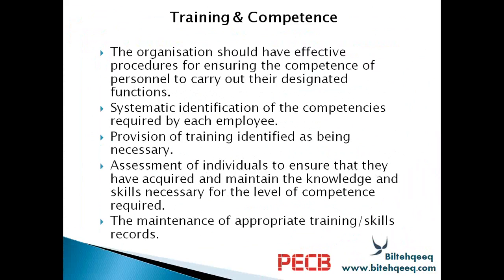So for occupational health and safety management system implementation, the competency criteria and training requirements should be fulfilled properly, and each and every person should be trained on occupational health and safety concepts and skills, and the records of these trainings should be maintained properly.